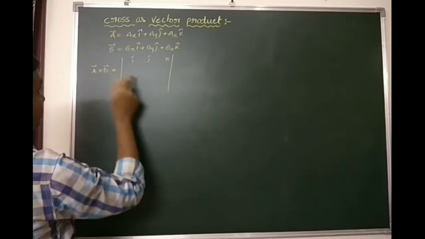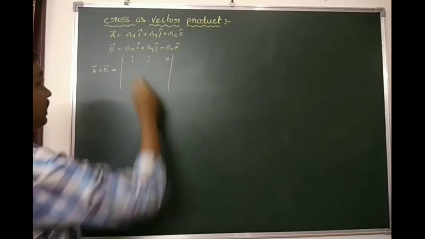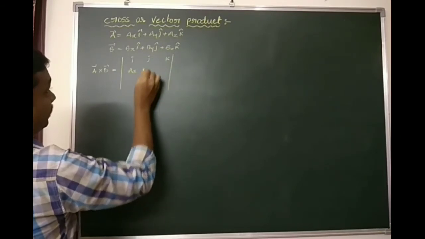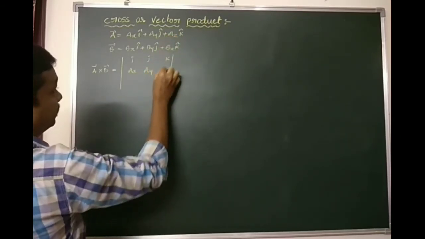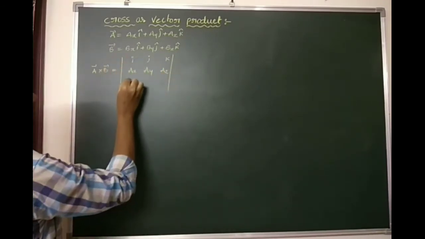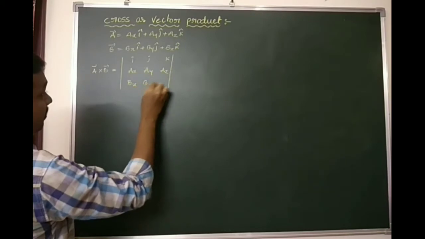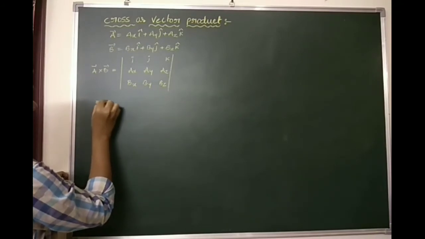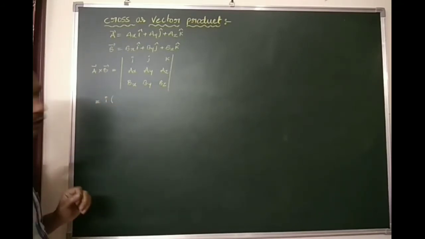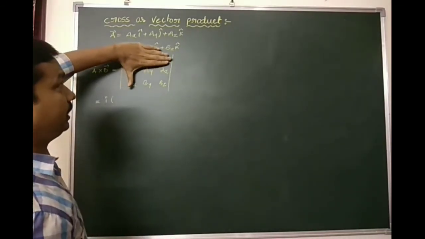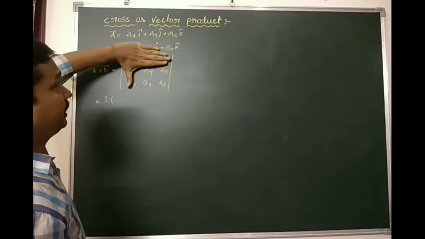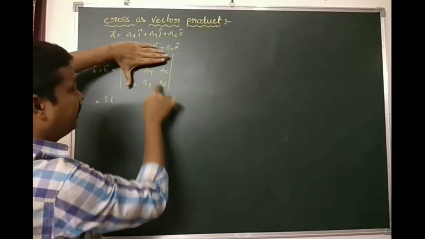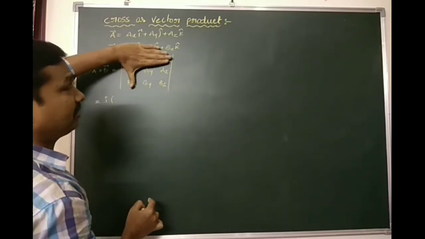First A vector, then next B vector components you need to write in order: Ax, Ay, Az. Similarly B vector we write Bx, By, Bz.